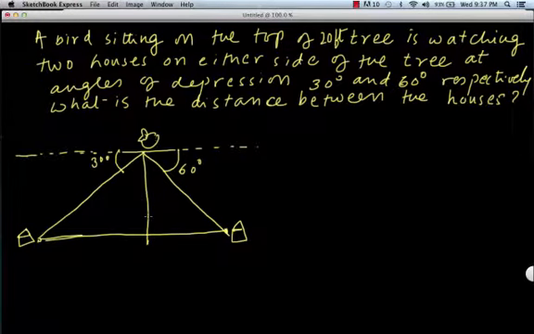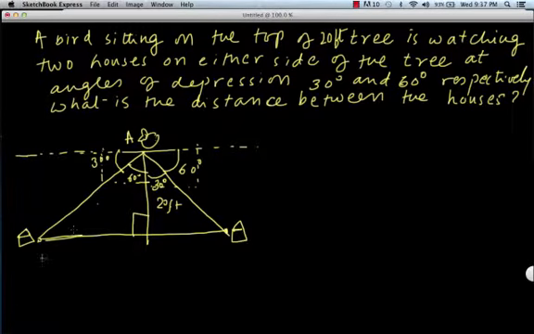So we know that this is 90 degrees and from this picture you can depict that this is 90 as well. So this is 30, so this becomes 60. Same thing, this is 90, so this is 30 degrees. The height of the tree we know is 20 feet.